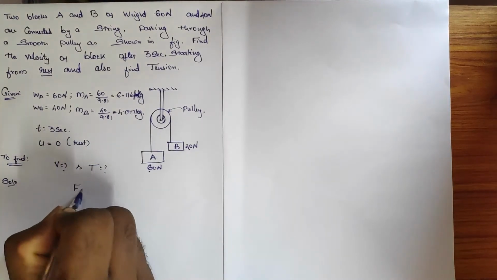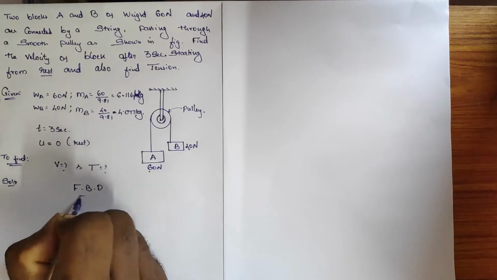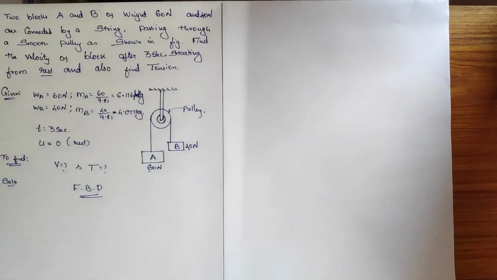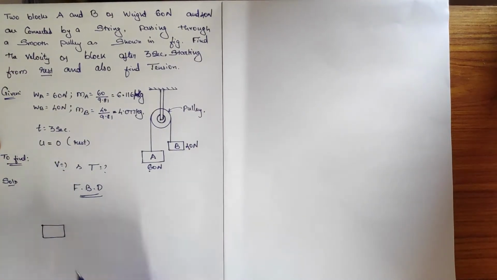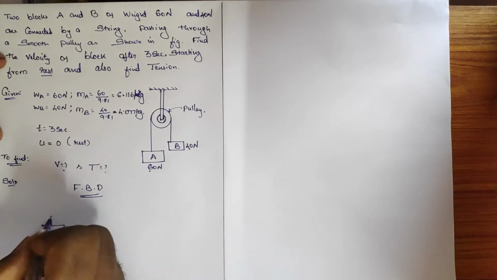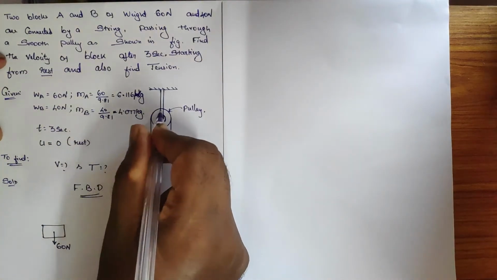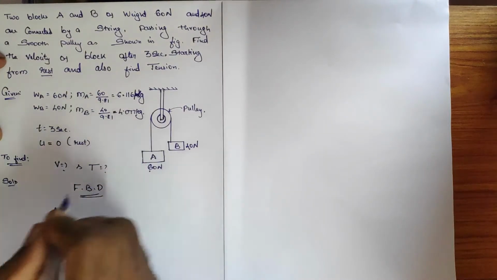Solution: first, just like the previous model, identify the free body diagram for block A and block B. If I consider block A, it has self weight which will be directed downwards, and it has a tension force since it has the string, which will be outward from the considered point.